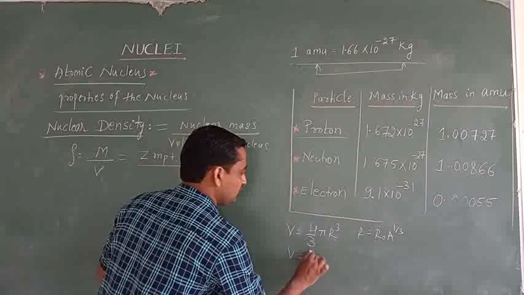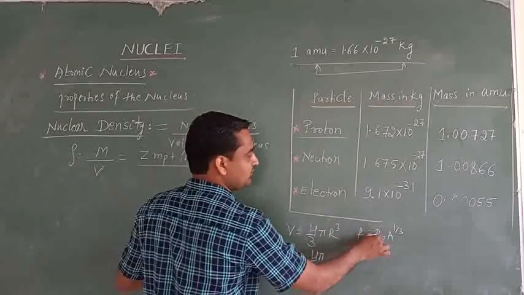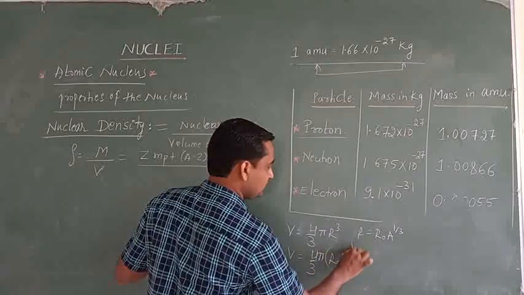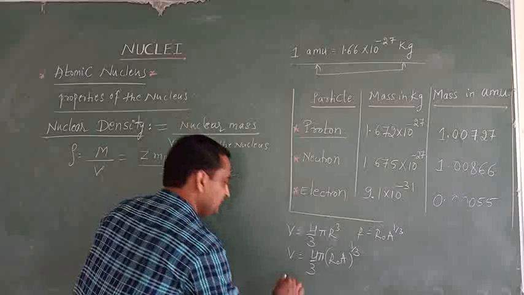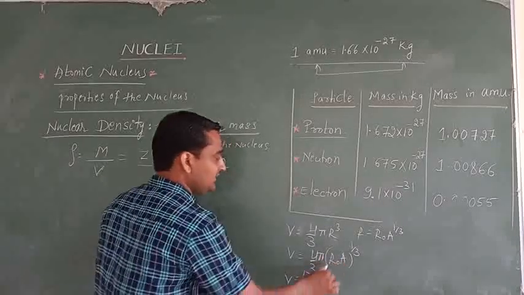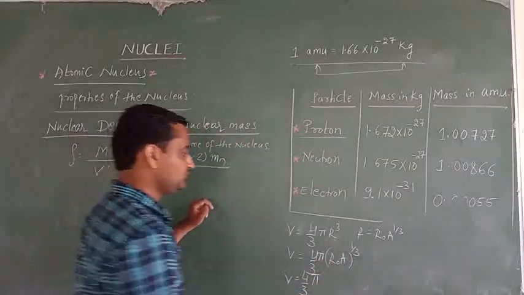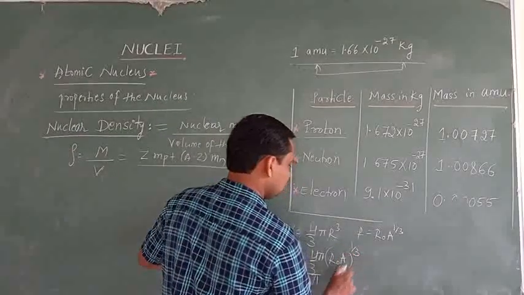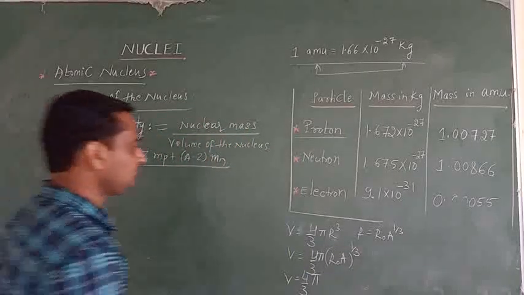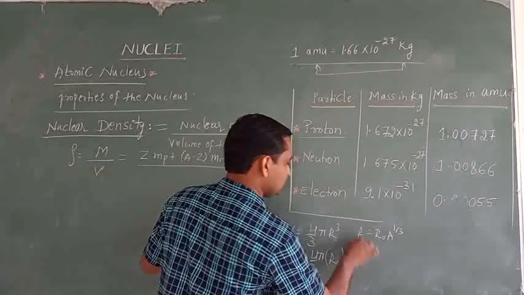Therefore, V is equal to 4 by 3 pi r cube, but R is equal to R naught into A to the power 1 by 3. So V is equal to 4 by 3 pi, R naught into A to the power 1 by 3, whole raised to 3.